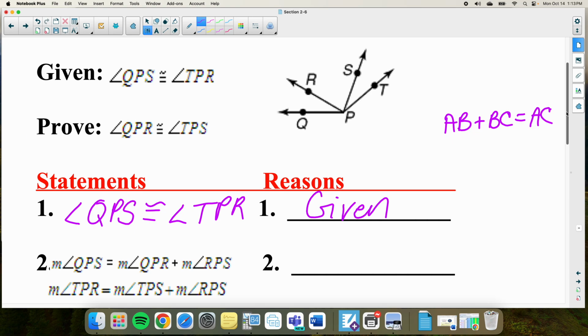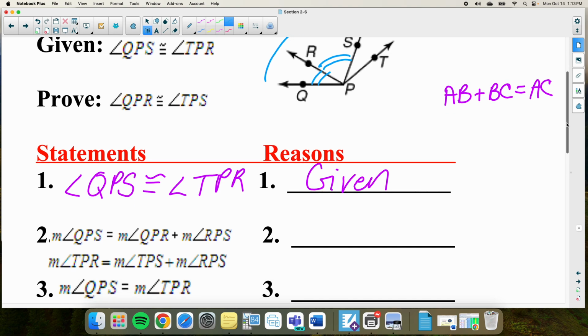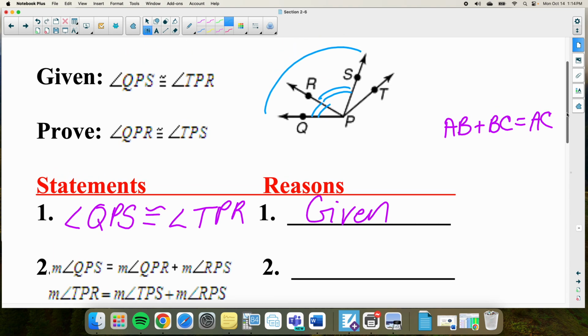And if you notice here, they're saying angle QPS, which is this, equals angle QPR, which is this, plus angle RPS, which is that. Okay? So what we would have there then is we took that angle and broke it into parts. That's angle addition postulate. Okay?